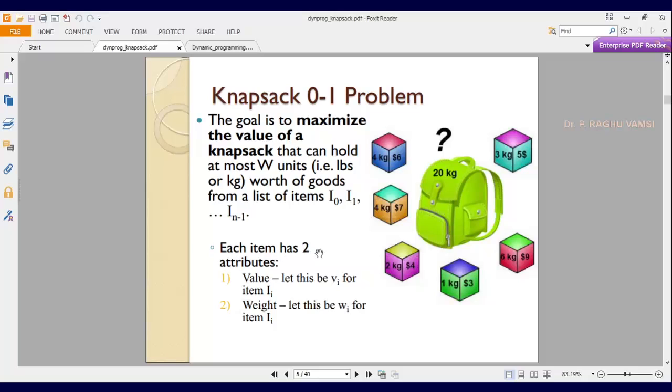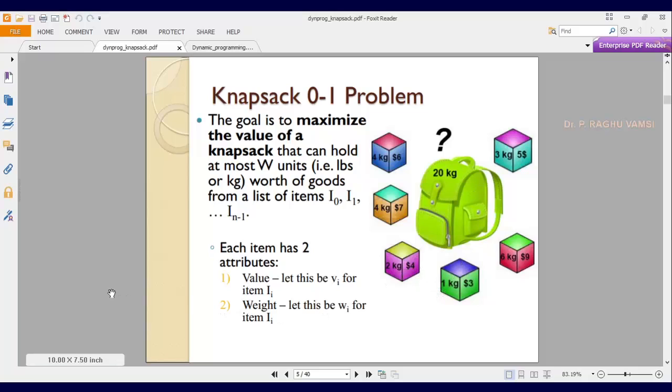Each item has two attributes. Value, let this be Vi for item I, and weight, let it be wi for item I. So for every item two values will be there: one is weight, another is value. You should place these items into the bag so that the summed weight of all the items in the bag does not cross 20 kgs, and you achieve the maximum value.